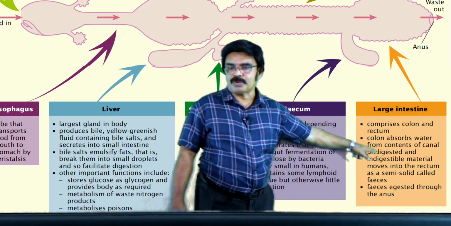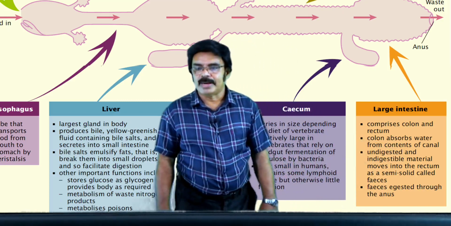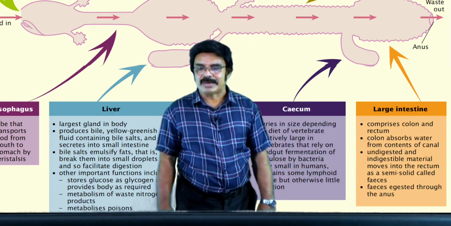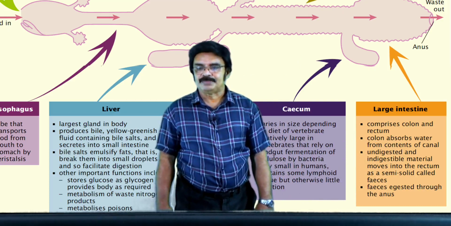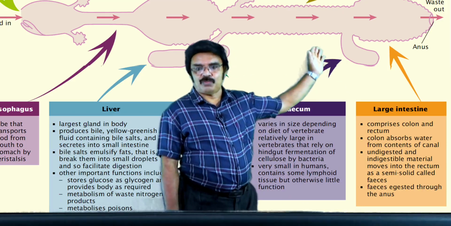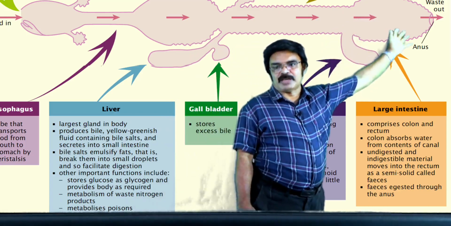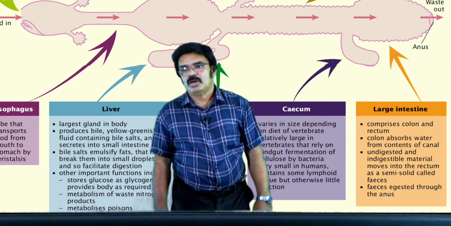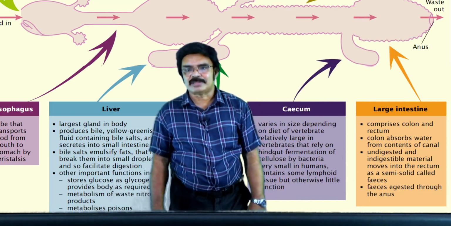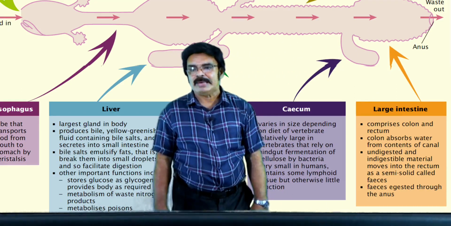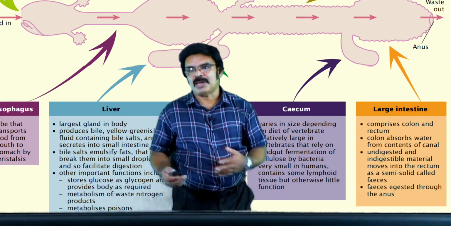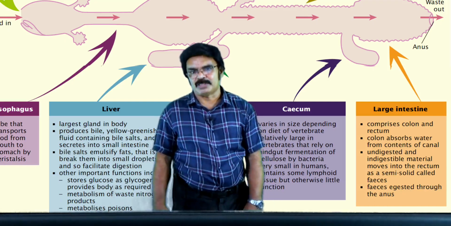The colon absorbs water from the contents of the canal. When digested things are passing through, the water content is mainly absorbed by the large intestine. That is why it becomes semi-solid.